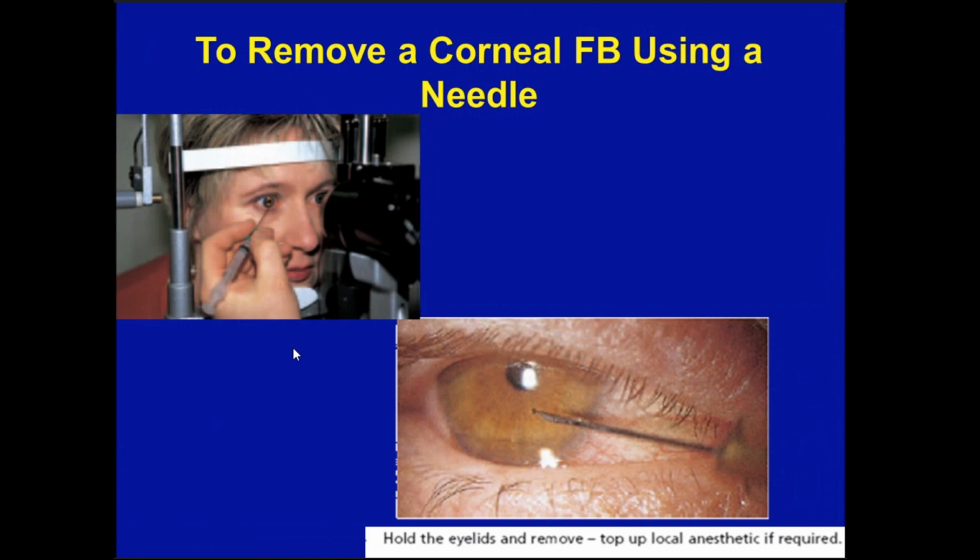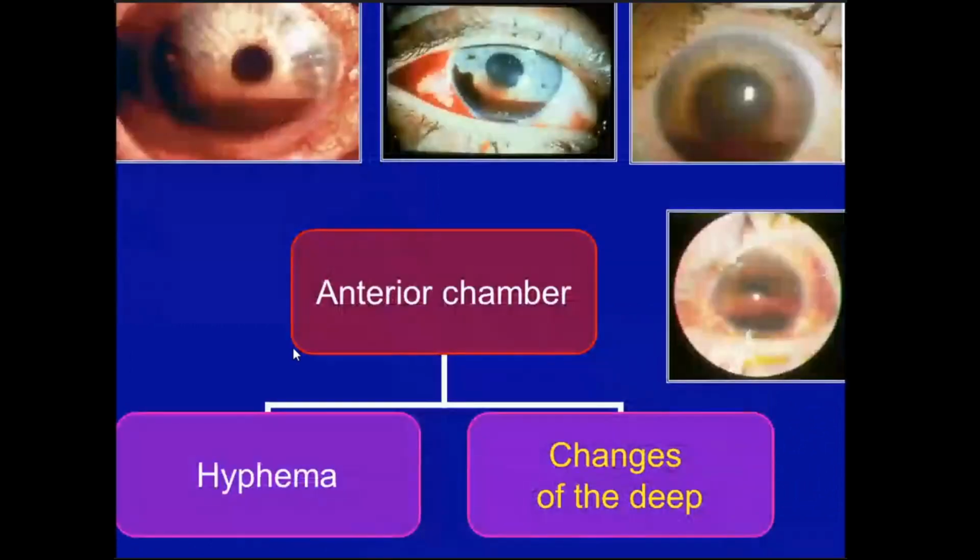Usually we put anesthetic drops like alkaline, for example, and then remove foreign body. Cornea is very sensitive, but cornea reacts very well to local anesthetic. And when you put alkaline, for example, you can remove foreign body without any difficulties.